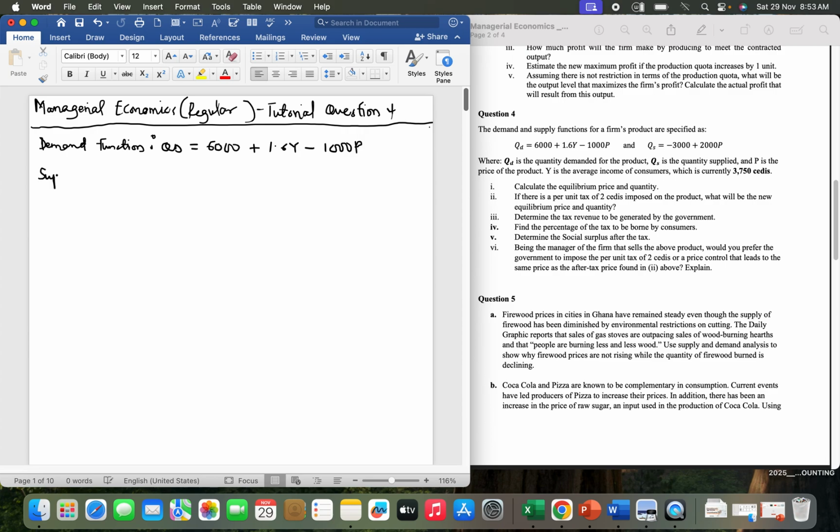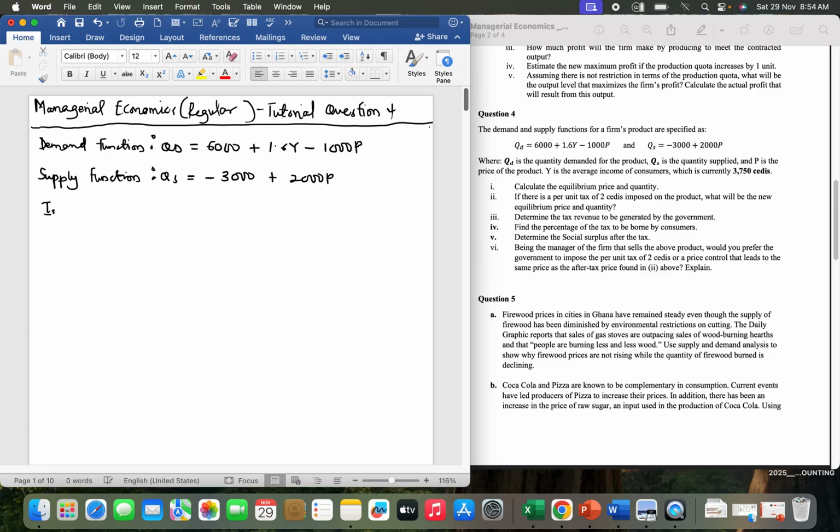Then the supply function, QS, was given to us as minus 3,000 plus 2000 P. Now in the question, they gave us income.